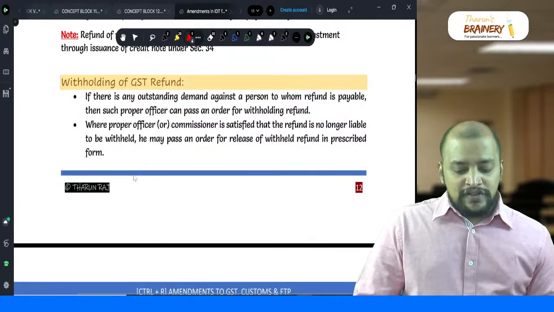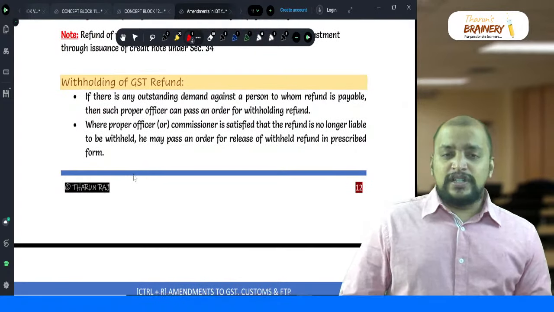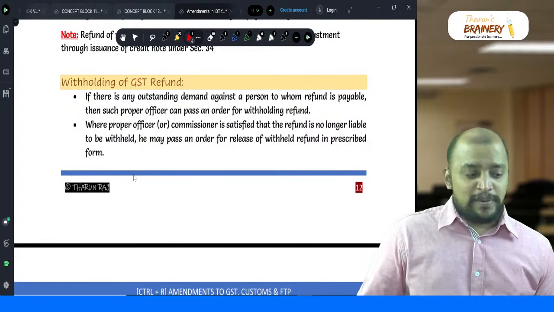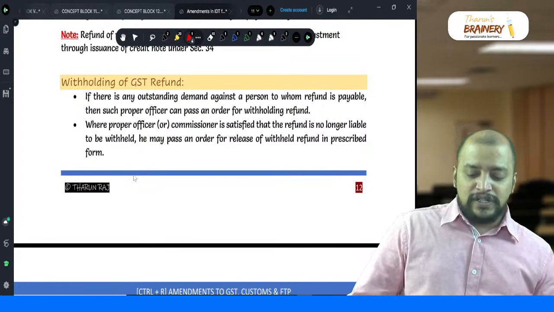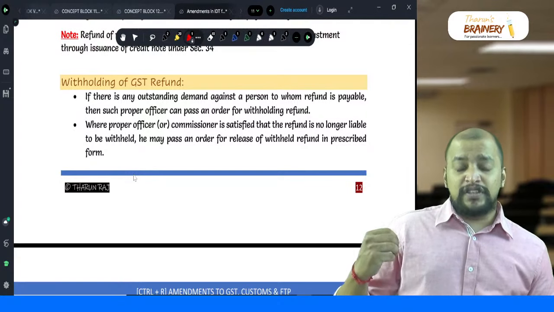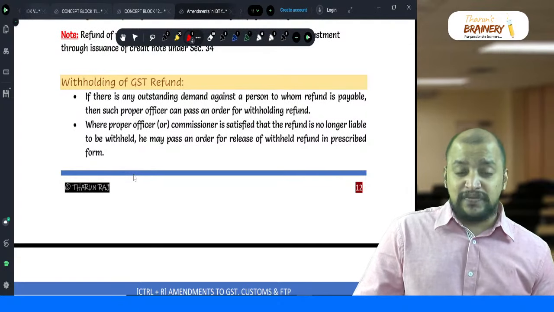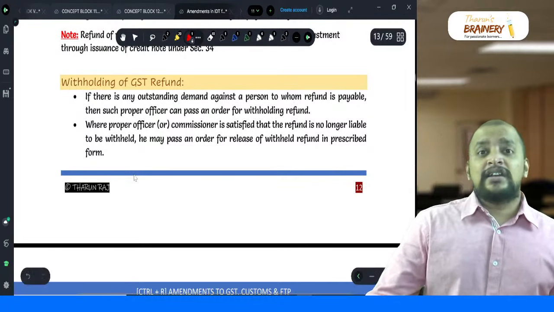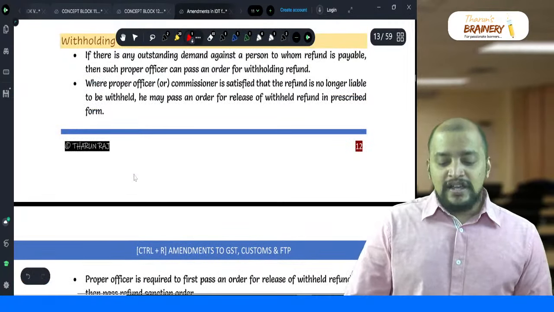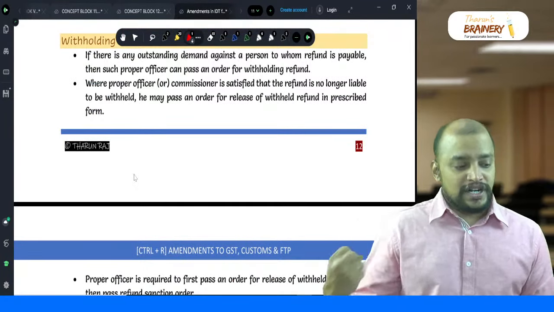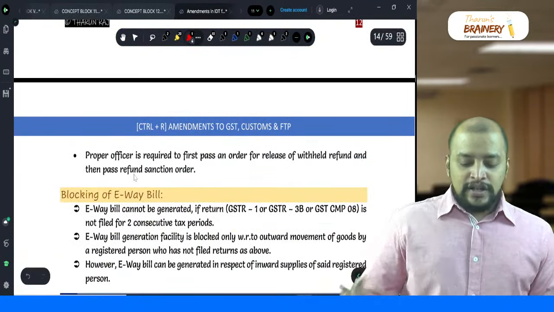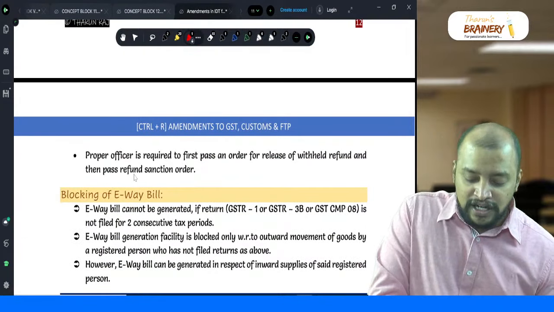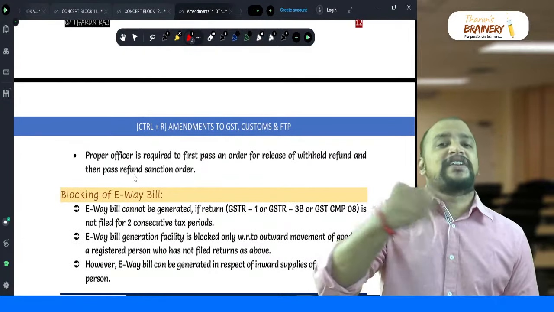Then withholding of GST refund. If there is any outstanding demand against a person, whatever refund that the person is about to get will be withheld. If the proper officer or commissioner is satisfied that the person is no longer liable, then he will pass an order for release of that withheld refund. First the proper officer is required to pass an order for release of the withheld refund and then pass the refund sanction order.